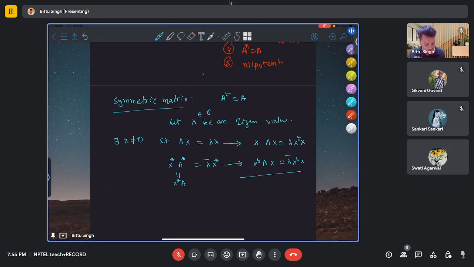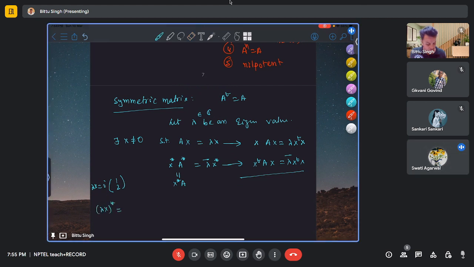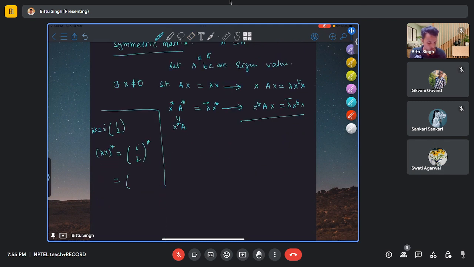Let us check an example. Consider this matrix: i times x, where x is a vector of this form, 1, 2. Then what will be the conjugate transpose of this? Suppose this is actually lambda x. Lambda x star is the same as i times (1, 2) star, the conjugate transpose, and this is the same as minus i and 2.